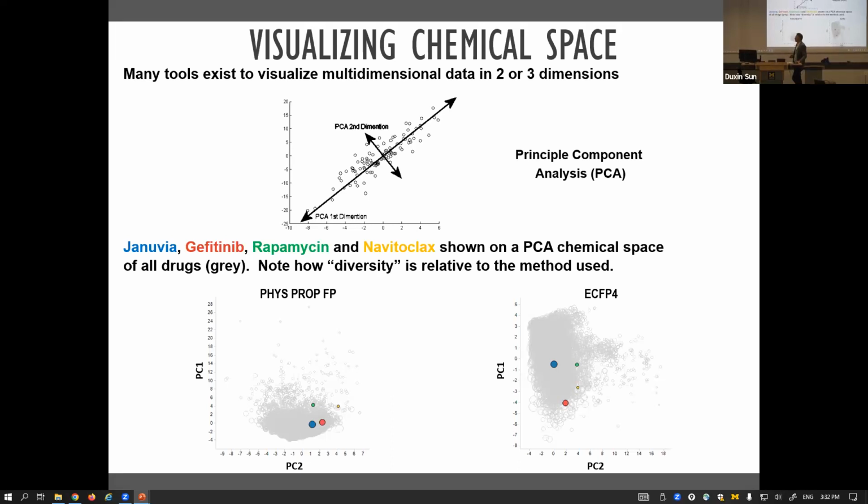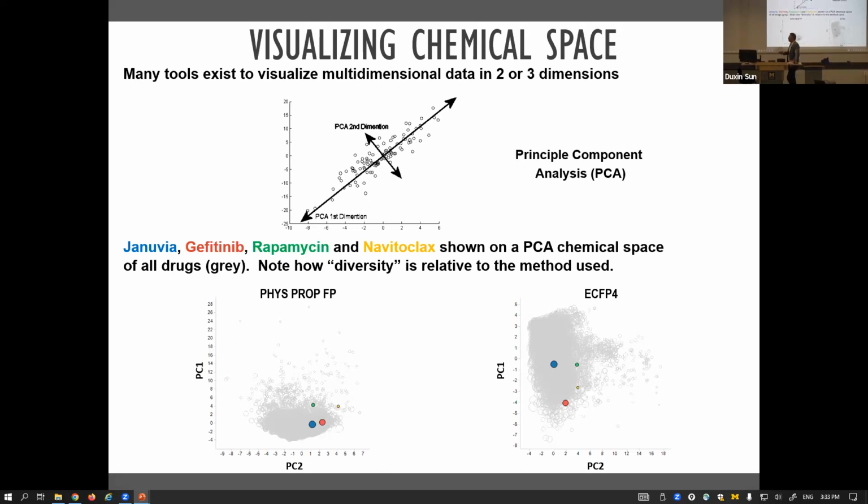The DrugBank database has about 10,000 drug chemical structures in it. We would have loaded them in as their SMILES strings. And in one instance, we scored them by their physical chemical properties, things like hydrogen bond donors, molecular weight, partition coefficient or log P, hydrogen bond acceptors. And then we had, I think, 13 descriptors, and we condensed them. And then using the PCA algorithm, did this 2-dimensional plot.